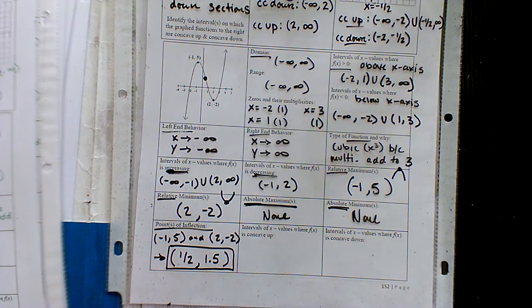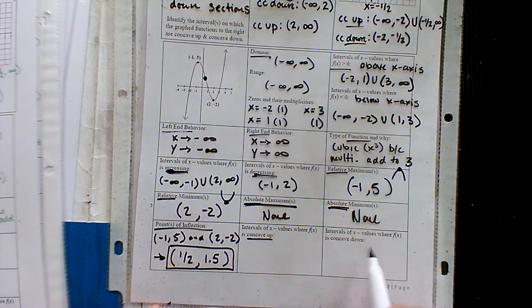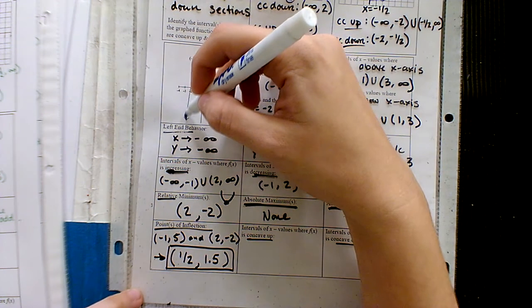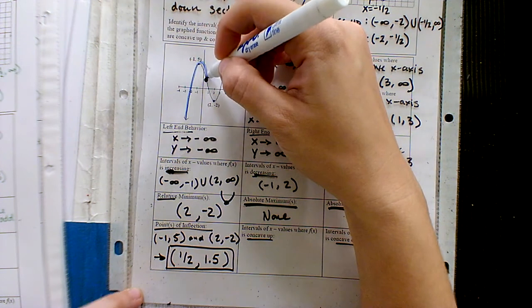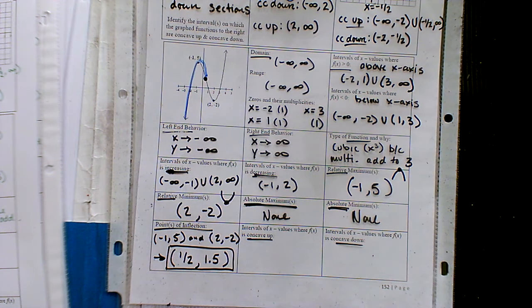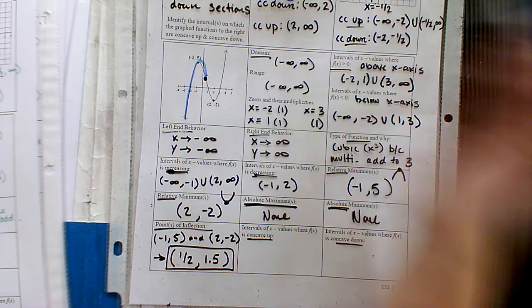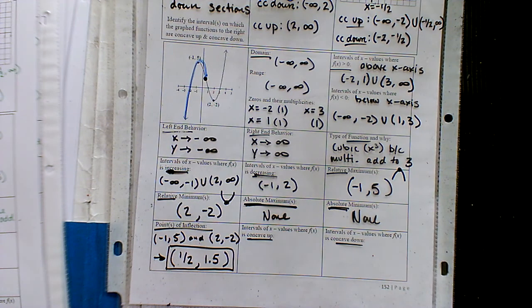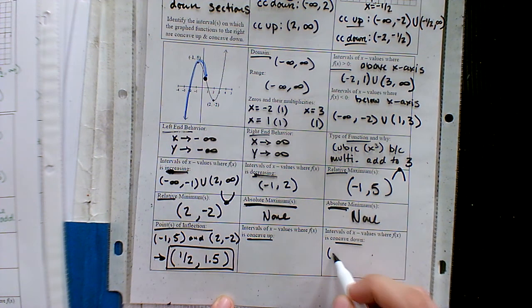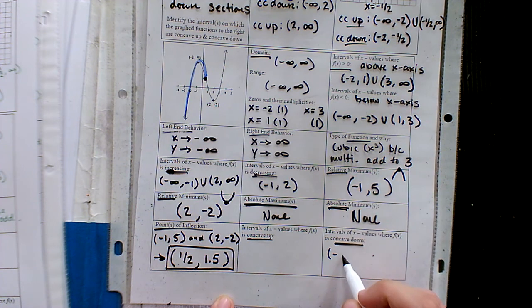Now that we have that, we can trace the graph to determine where we're concave up and concave down. So if you start to trace the graph and you stop at a point of inflection, because that's where the curvature is going to change, it looks like our initial section has an upside down parabola shape to it. So we'll label that in the concave down box.